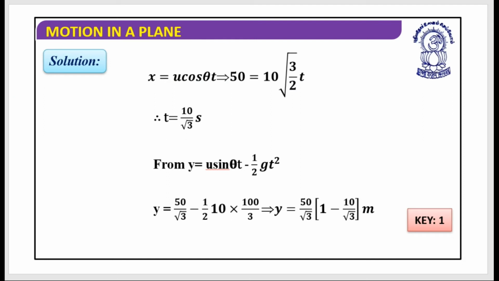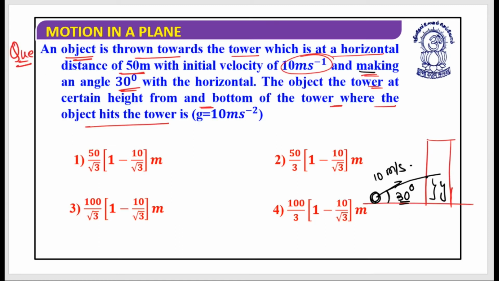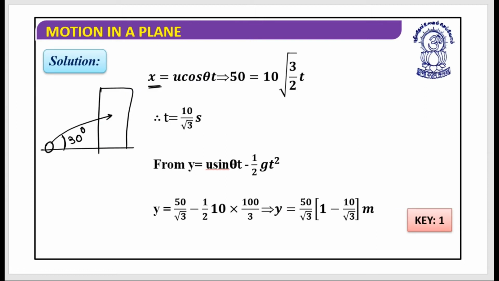So let's have a look. It's a situation like this: a tower, and the object has been thrown at 30 degree, and the tower is 50 meter away from the point of projection.